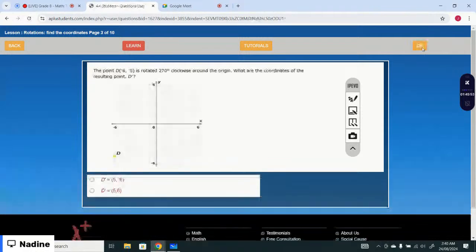Okay, the point D (-6, -5) is rotated 270 degrees clockwise around the origin. What are the coordinates of the resulting point D'?